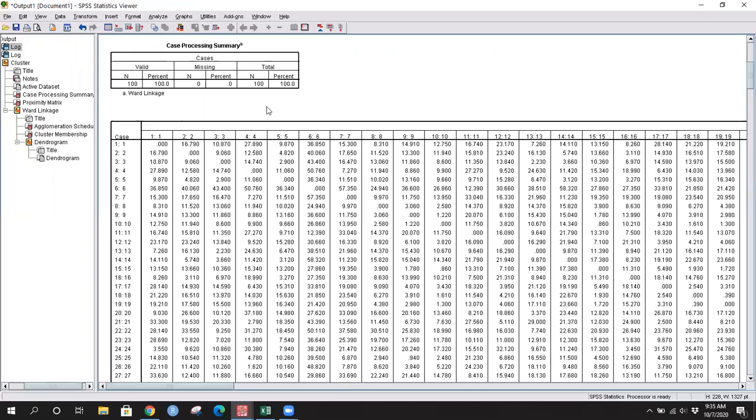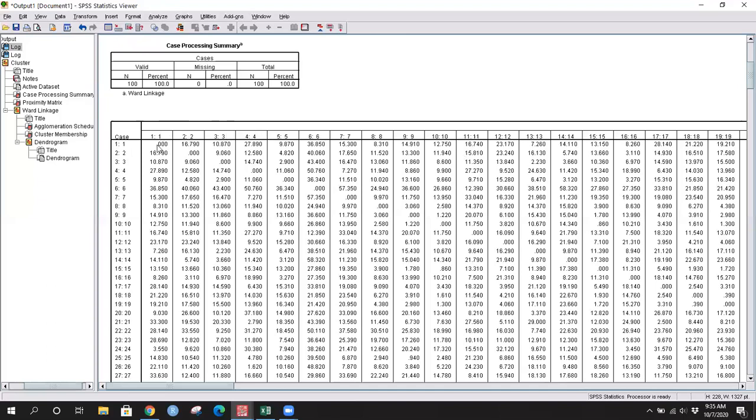So this is a distance measure wherein each of the cases is put into a cluster depending upon how small the distance between them is. For example, these are all your cases on the column. So this is like a matrix, just like a correlation matrix. You have 1 person, 2 people, 3 people, 4, and so forth.